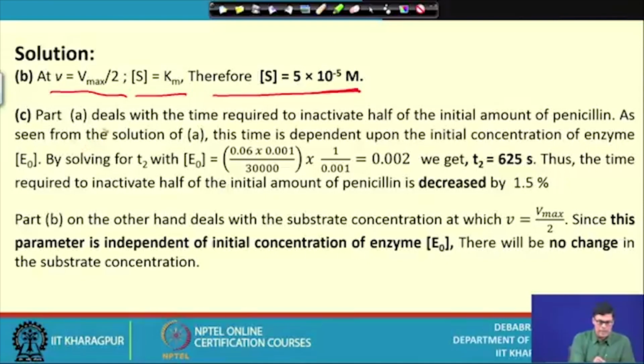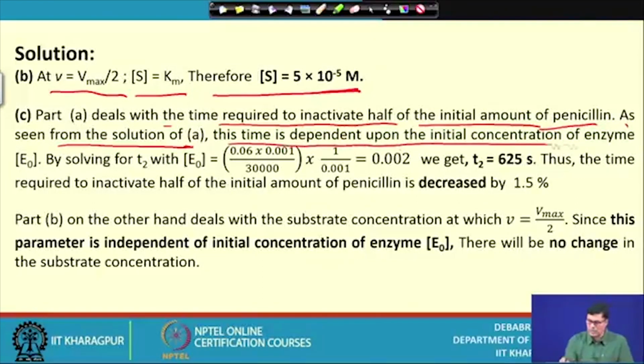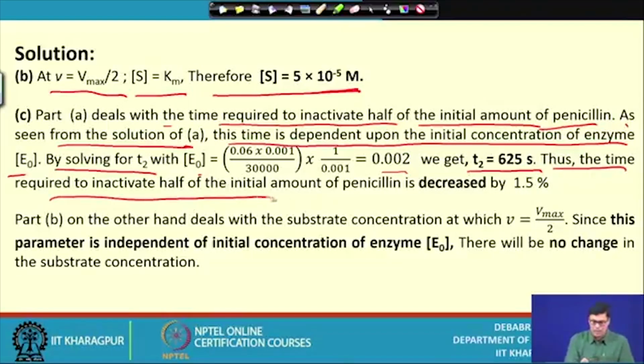Part A deals with the time required to inactivate half of the initial amount of penicillin. As seen in solution 1, this time depends upon the initial concentration of enzyme E0. By solving for T2 with E0 equal to this, we get T2 is this, and thus the time required to inactivate half of the amount is decreased by 1.5%.